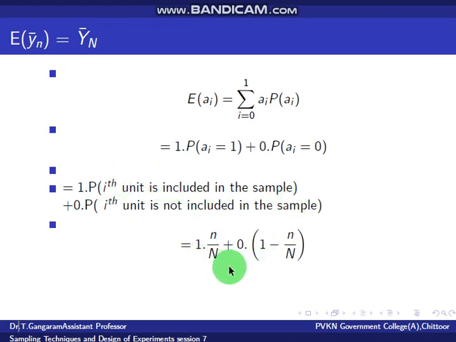There are capital N possibilities in total, and our sample size is small n, the favorable cases. So favorable cases by total cases: the probability is small n by capital N. Similarly, the total probability is 1, so not including is 1 minus small n by capital N. Including gives small n by capital N, and the other term vanishes. This is our equation 2.